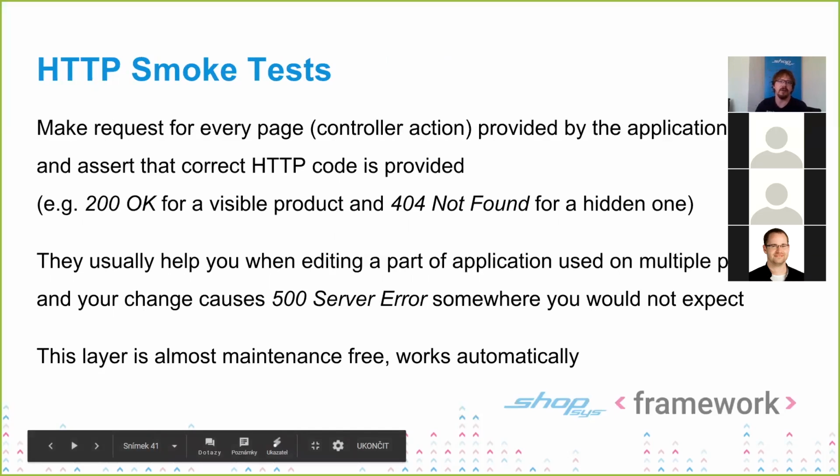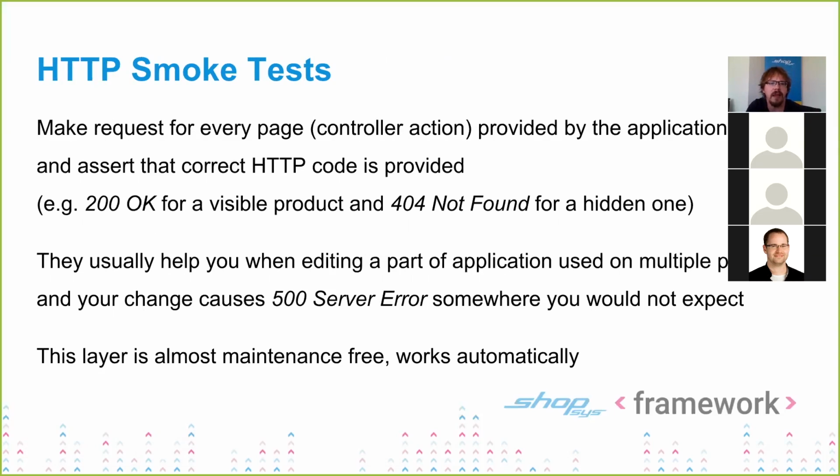The third layer, which is my favorite, is the HTTP smoke test. The concept of these tests is very simple. The testing component gets all the routes from the application router, then makes a request for every one of these routes, and just asserts that the correct HTTP code is provided.